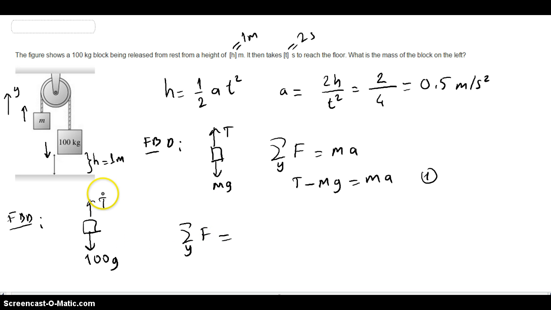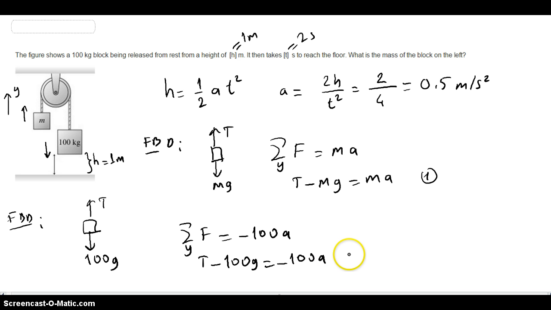Since it's going down, with this choice of coordinate, which is y upward, it will be minus 100 a. Okay, a you already calculated in the previous part. So let's write down the forces then. T is up, T minus 100 g, and this is equal to minus 100 a.